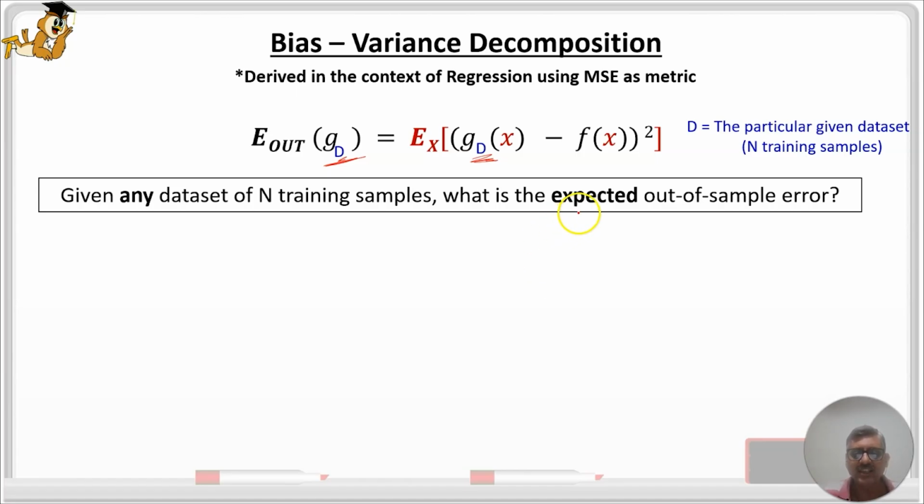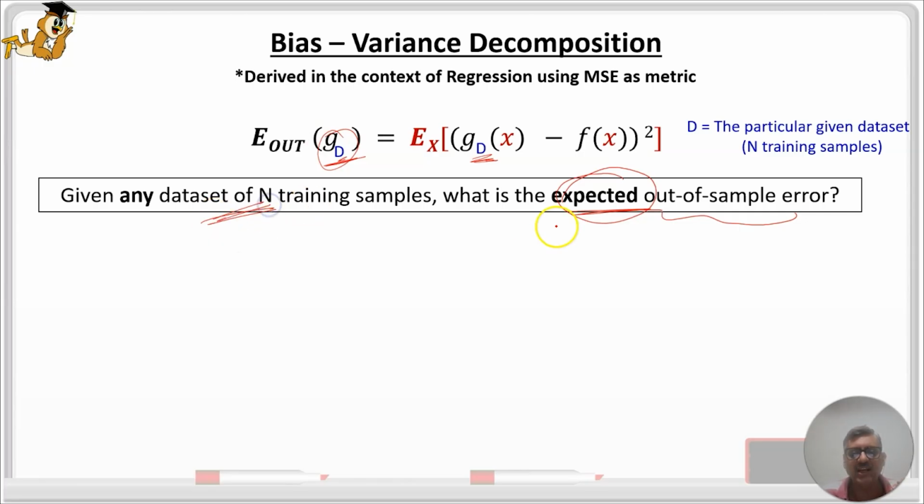Why does the word expected out of sample error come into the picture? Because there is a probability now associated with the data set itself, right? The particular data set you take is now a random variable, and therefore there could be an expected value associated with the out of sample error for the training data set.